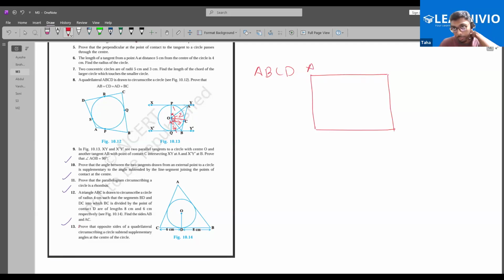AB is equal to DC and AB is parallel to DC. Similarly, AD is equal to BC and AD is parallel to BC. This is what a parallelogram is.